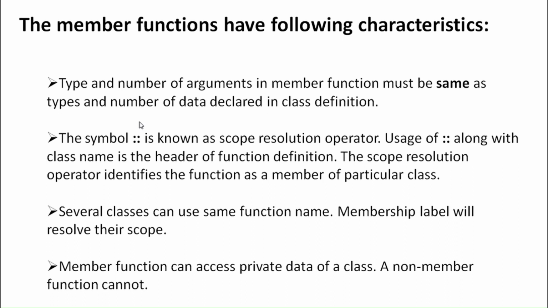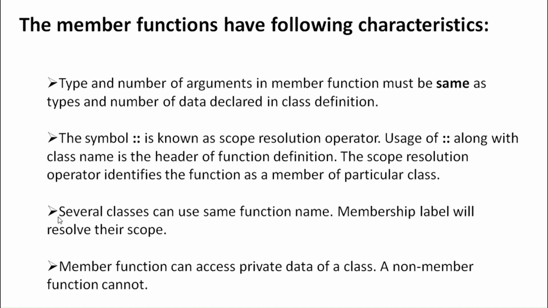Simple. The second point says that this symbol is known as the scope resolution operator. Usage of the scope resolution operator along with the class name is in the header of the function definition. The scope resolution operator identifies the function as a member of a particular class. As I have said, the scope resolution operator identifies which class this function belongs to, and this is its job.